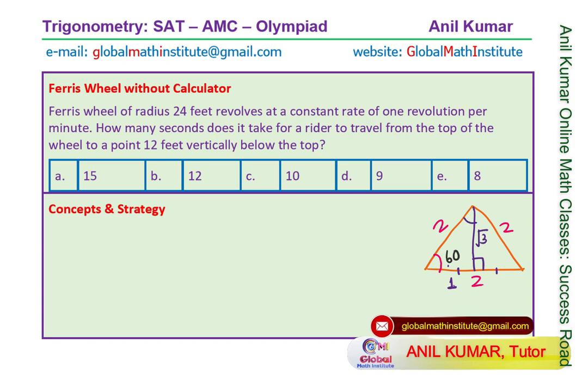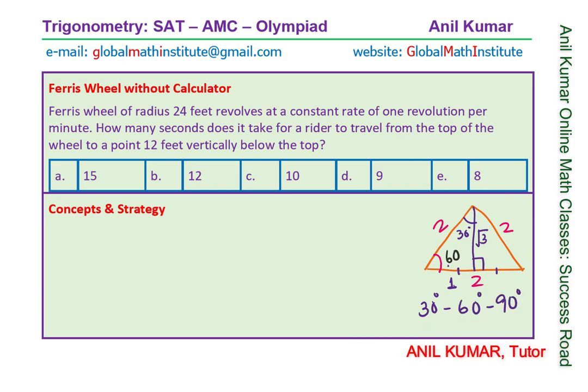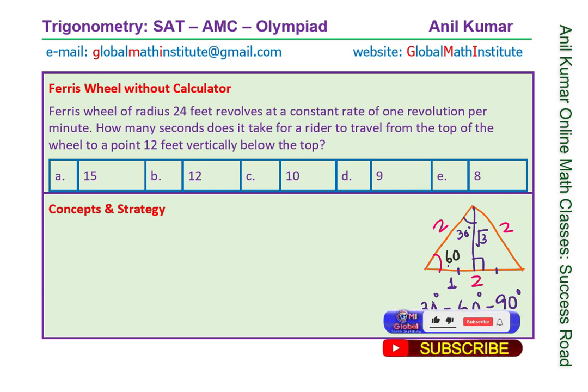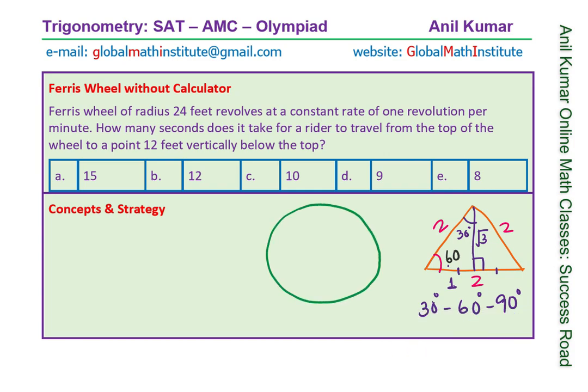So here very clearly we notice that in any example, if we have a right angle triangle with one side as half of the other, then the included angle for the right angle triangle will be 60 degrees, right? The other angle, of course, is 30 degrees. So we have a very special triangle, 30, 60, 90. So in our case of Ferris wheel, the radius is 24, half of that 12.